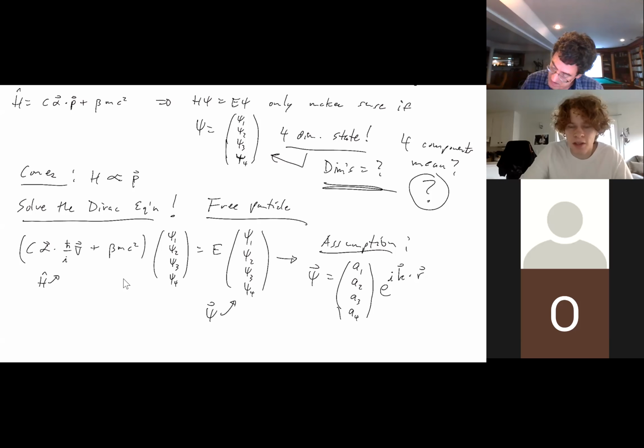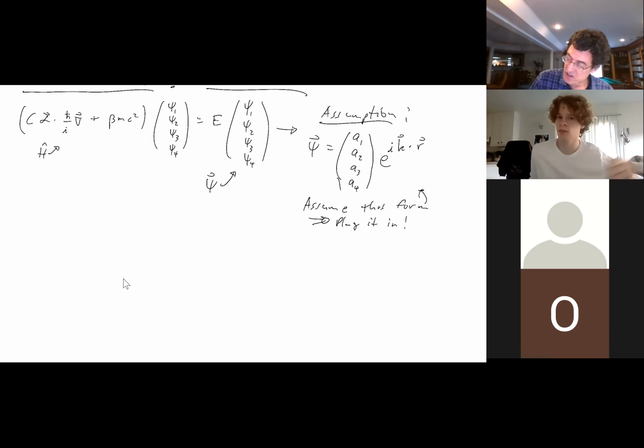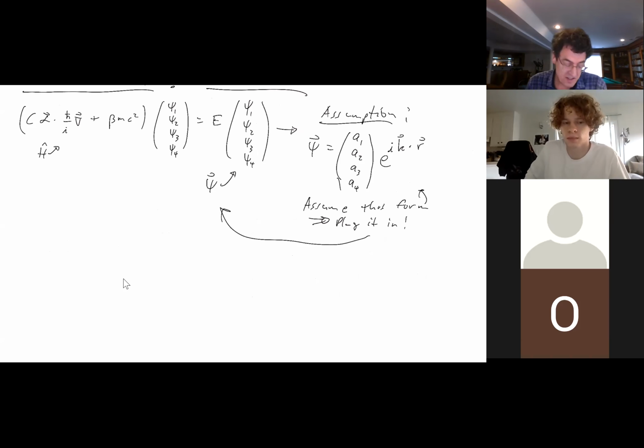Plug it in and then try to find out what A1, A2, A3, and A4 are. Yes, exactly. What you always do. So assume this form and then plug it in to the Dirac equation.